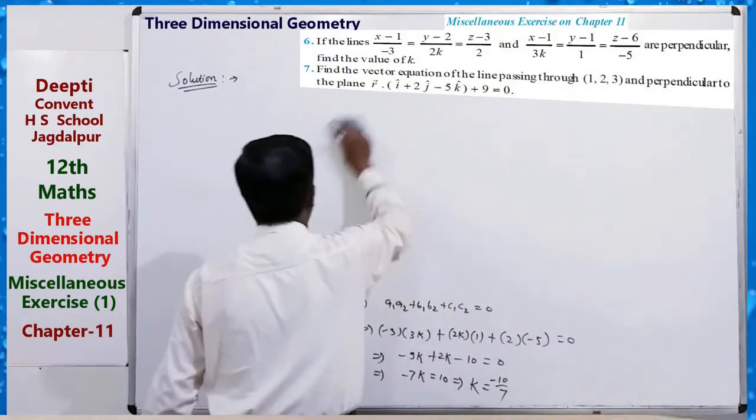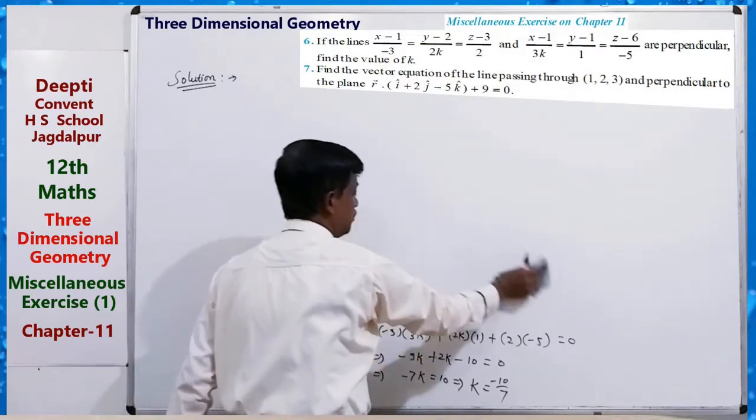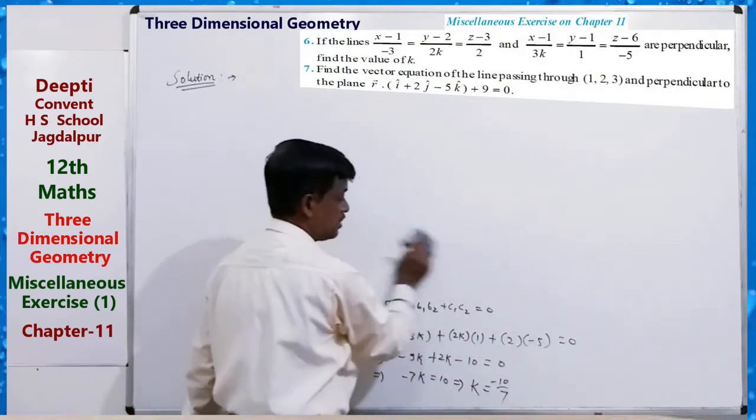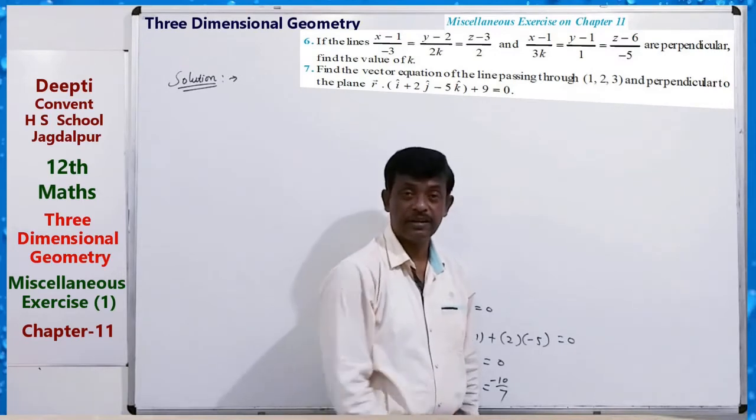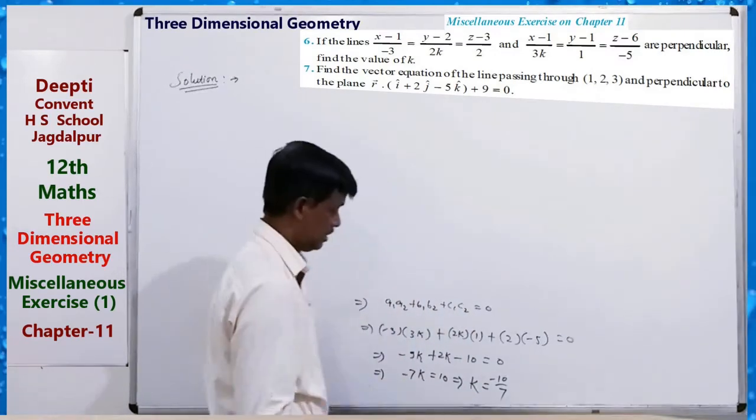So for the equation of a line we require the passing point and the direction ratios of the line.